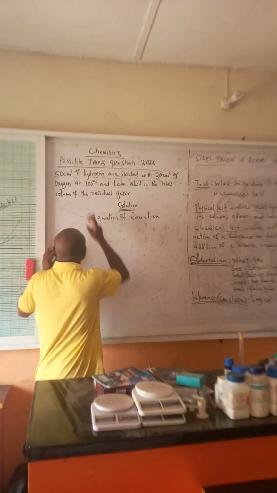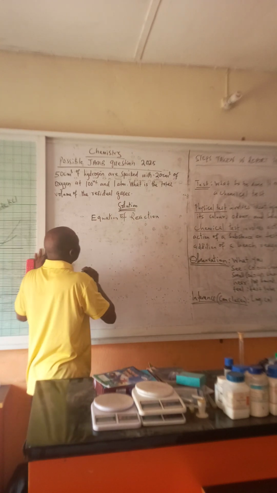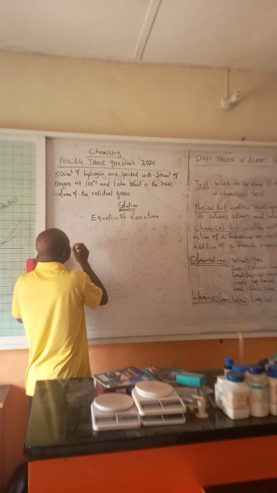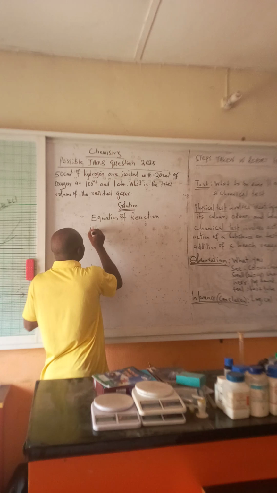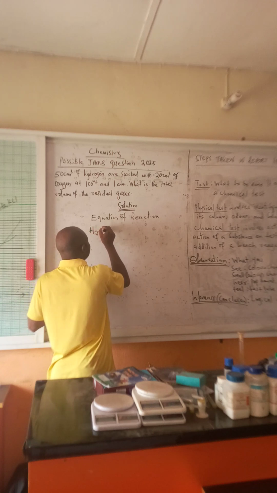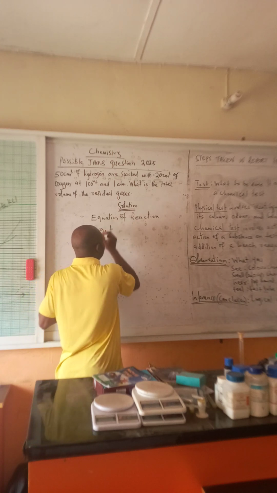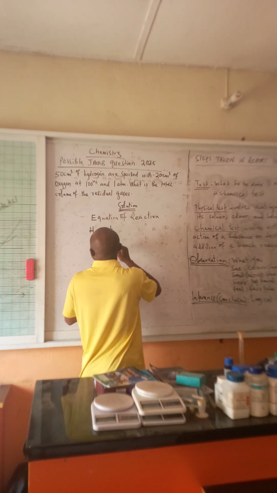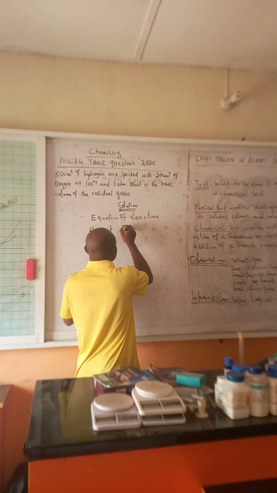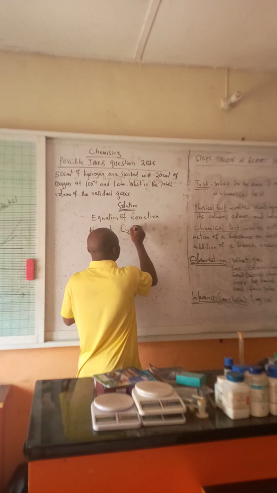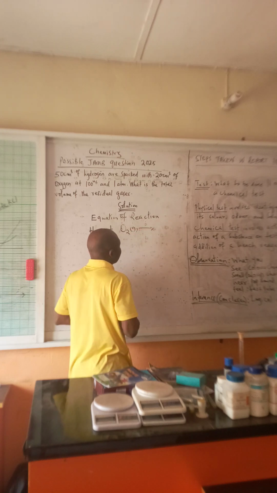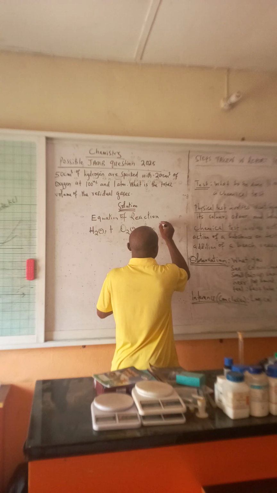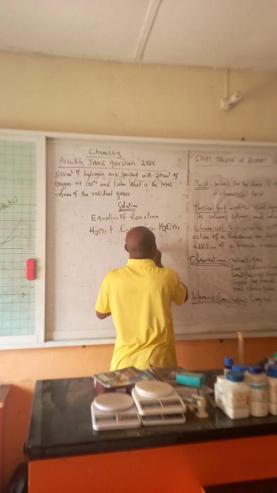The question says 50 cm cube of hydrogen, which means that one of the reagents is hydrogen, H2, which is a gas, plus 20 cm cube of oxygen, O2, which is also a gas. Both react and give you steam, H2O, which is also in a gaseous state.